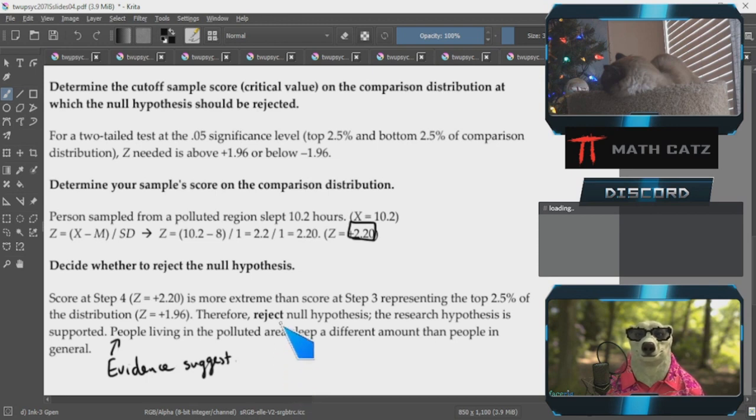So pay close attention to how things are said. I will never say the research hypothesis is true. I will simply say there isn't evidence to say it's not true. There's evidence to suggest it might be true, but we never commit to saying it is true. That is important.